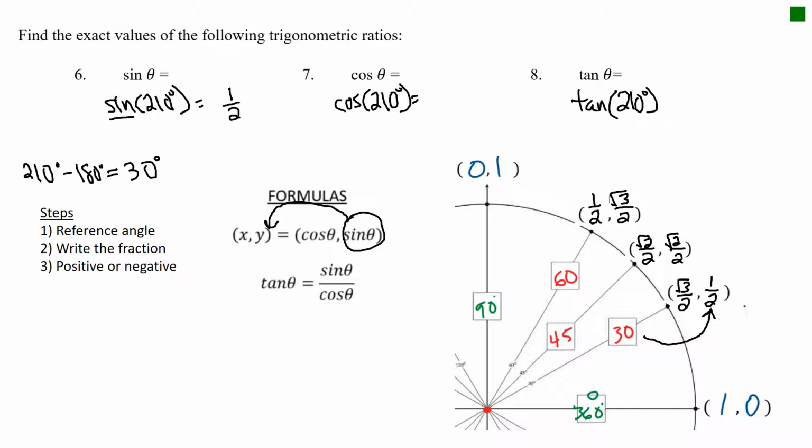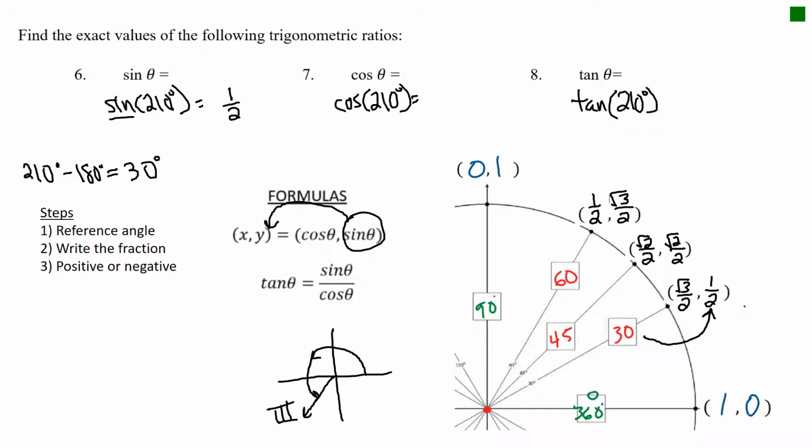The last thing that we have to do is write whether this is going to be positive or negative. So back in our last questions, we were doing the angle of rotation. And 210 degrees, when we rotate it, keeps going farther. It landed in this third quadrant, right?